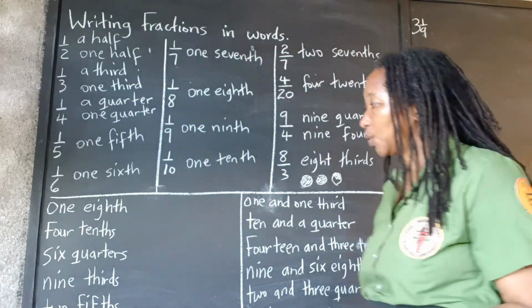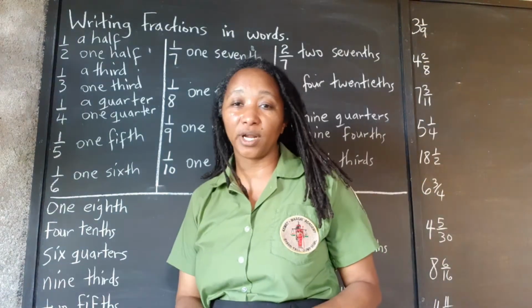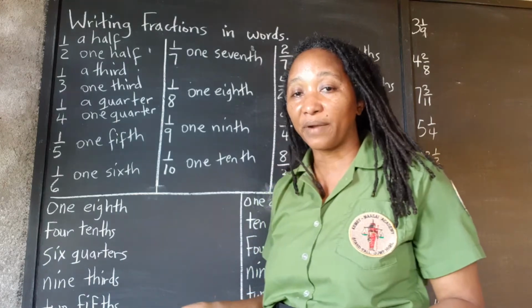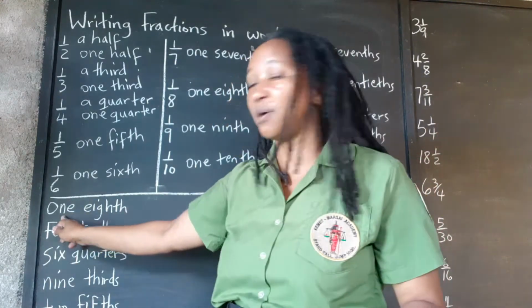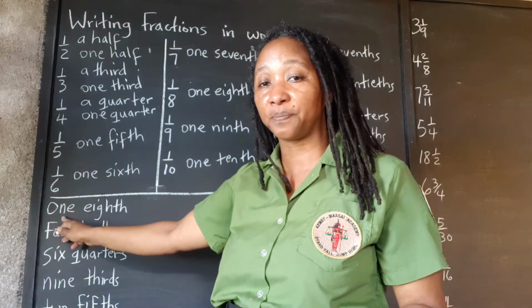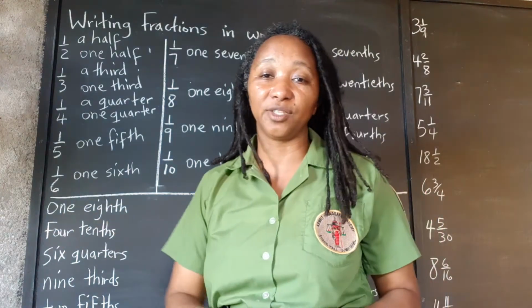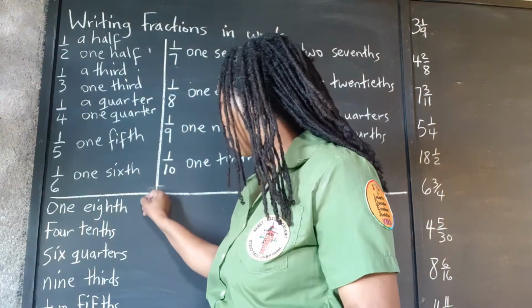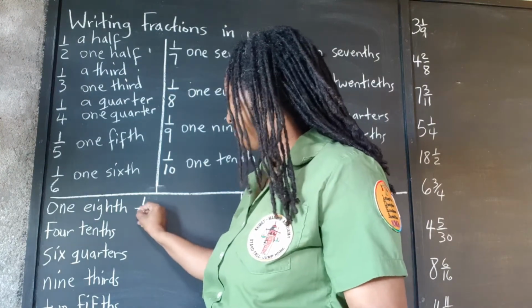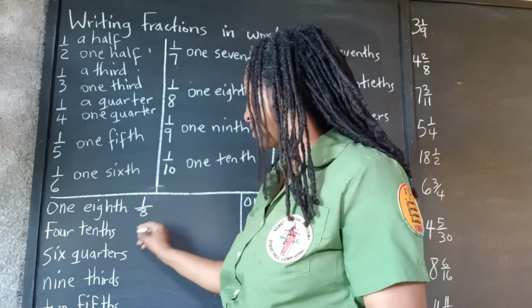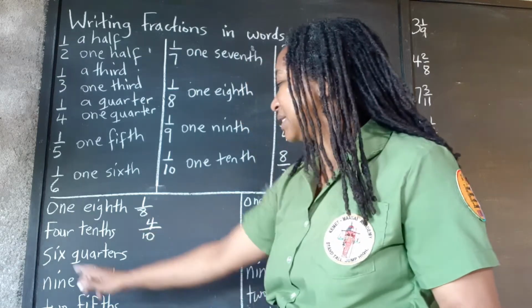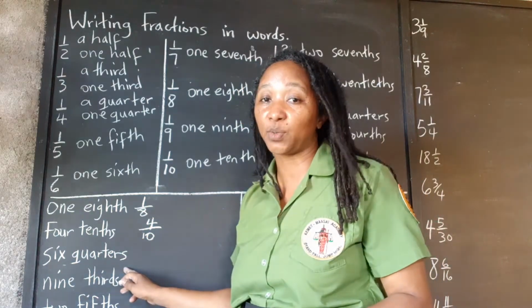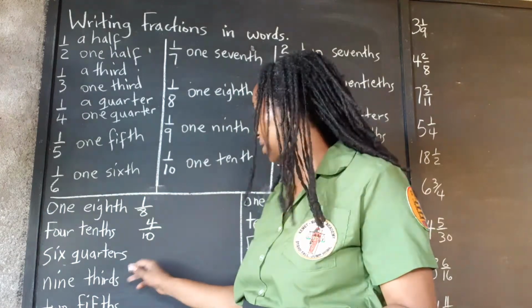Alright, so let's change these words now to their numerical fraction form. One eighth. So the first number tells us the numerator. The second part of it tells us the denominator. So that's 1/8. Four tenths, 4/10. Six quarters. So this would give us an improper fraction.